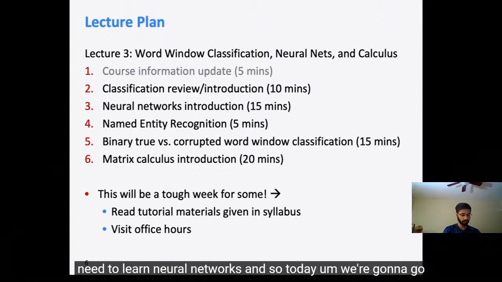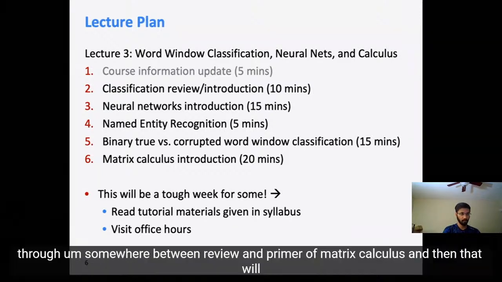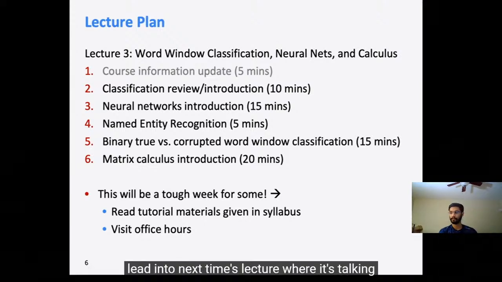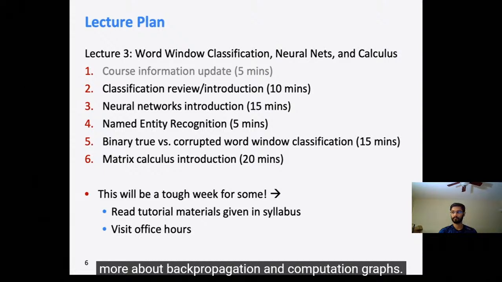Today we're going to go through somewhere between review and primer of matrix calculus, and then that will lead into next time's lecture, which talks more about backpropagation and computation graphs.